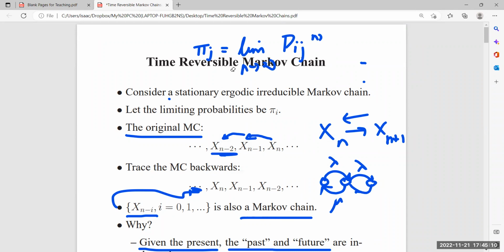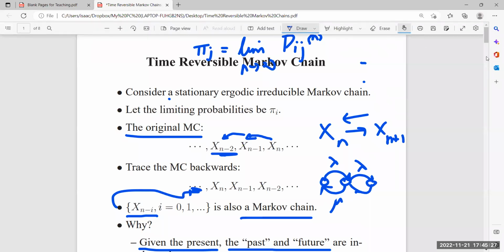We know this definition from the previous class. These pi j's are what we call the limiting probabilities, and we know that the sum of these pi j's is equal to 1, because it's just a probability distribution.